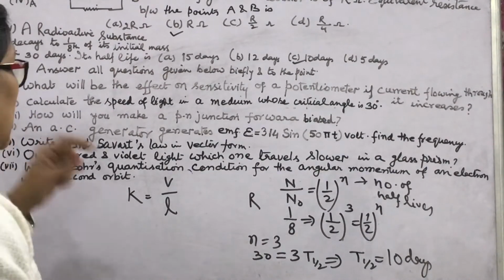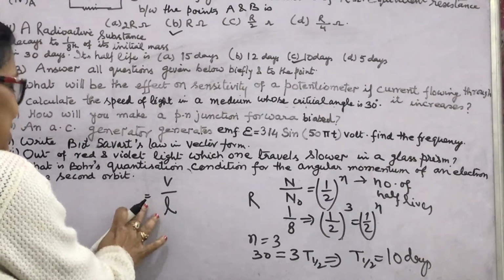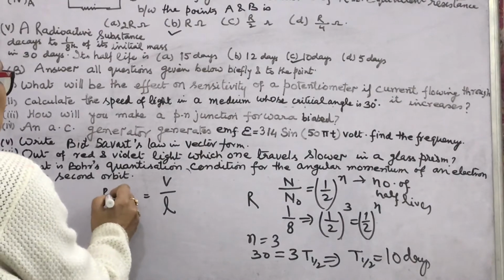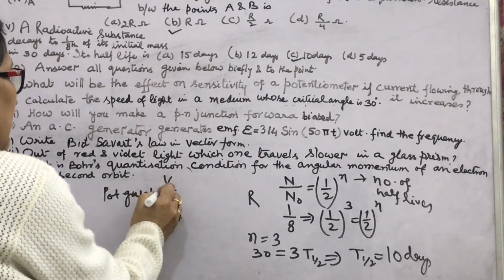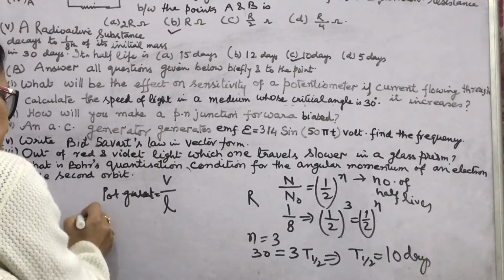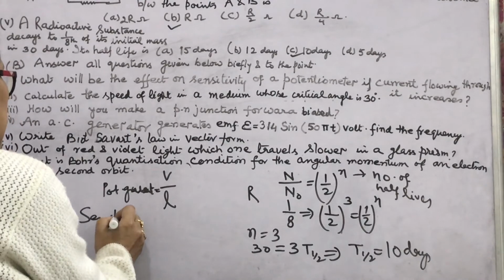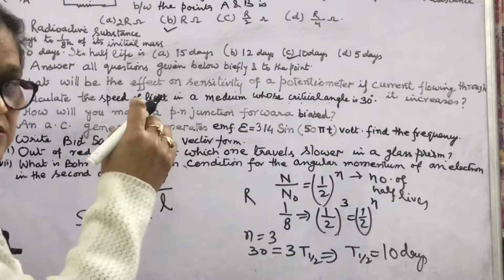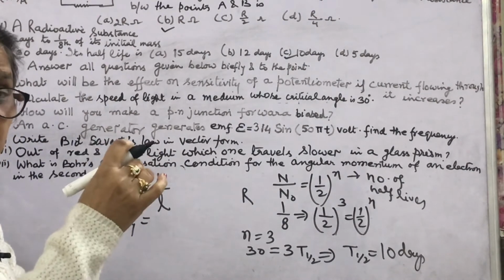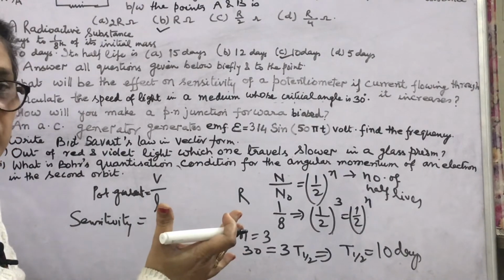But look here, this is the potential gradient, not the sensitivity. This is called the potential gradient. And what is the definition of sensitivity? If the jockey is shifted very slightly from the null point position, a large deflection is shown by the galvanometer.